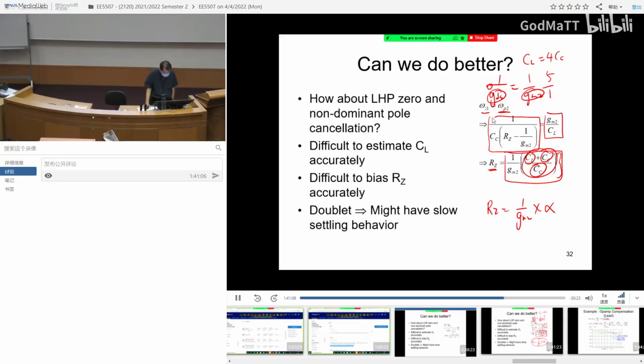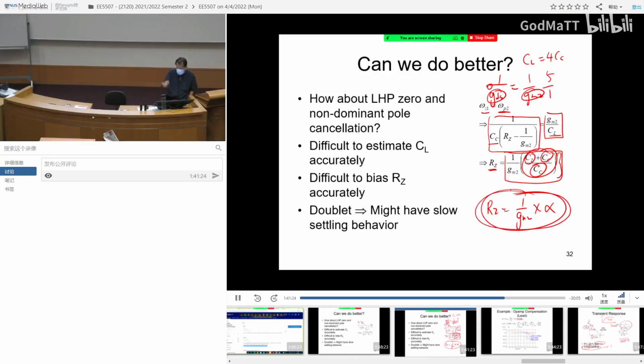I'll highlight that point. Okay? So, supposedly if you are able to estimate CC and CL in a ratio, then you can actually choose this design accurately, but to be frank, no matter how good you are, you cannot make it exactly match. So as long as there is a 0.1% mismatch, you don't get fully cancelled.